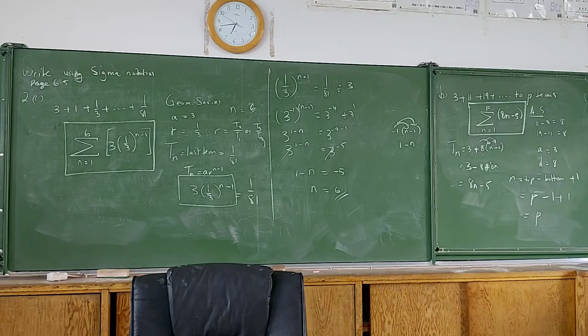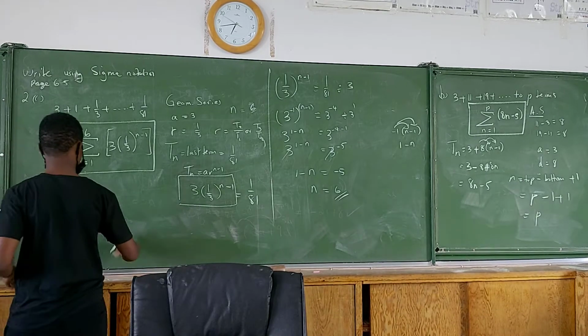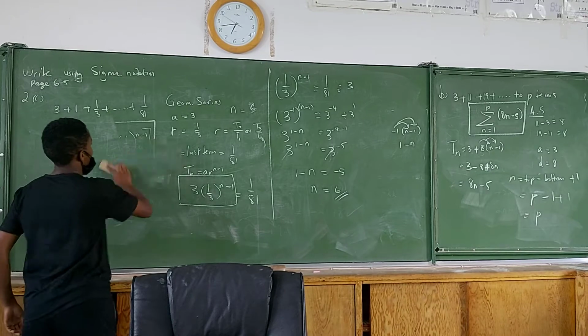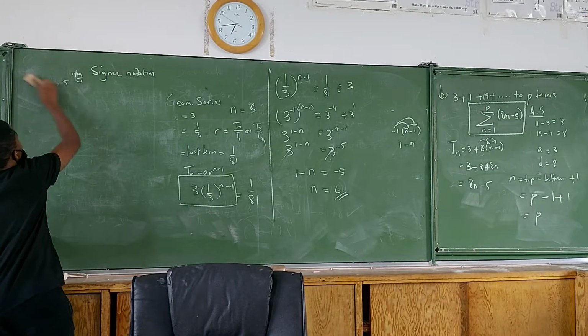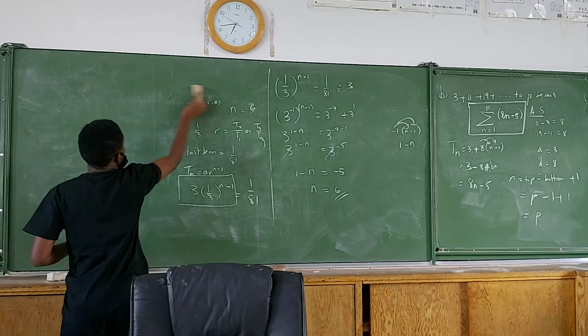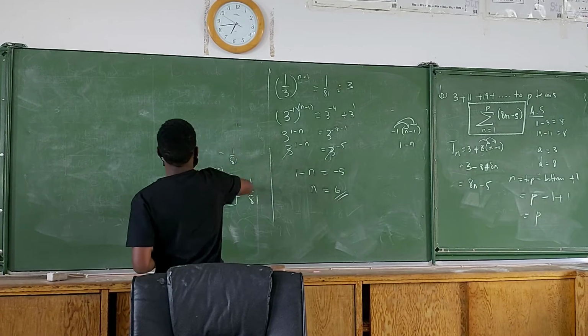Okay, so we are now going to determine the end product. Page 65, line now 28. I believe that's the last part of this stuff: sigma notation. I want you to take notice here.